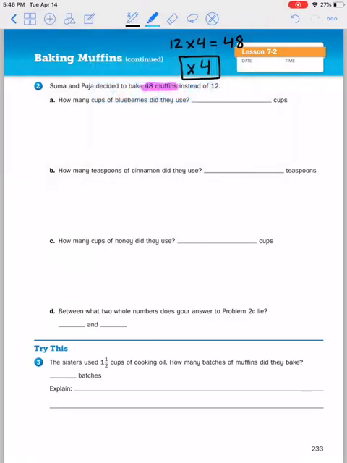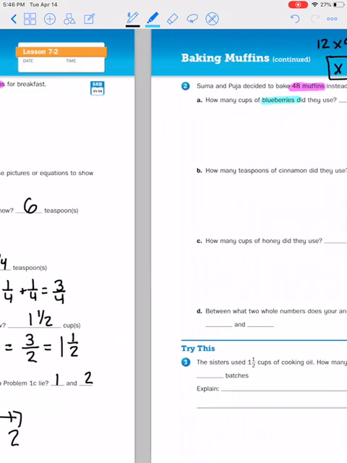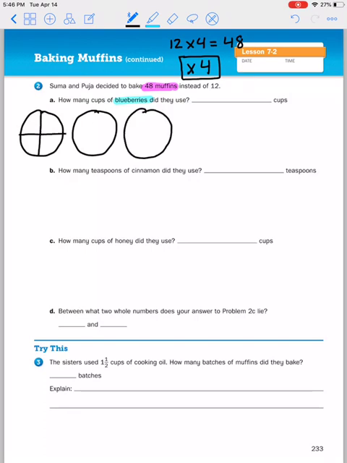Okay, so let's look. How many cups of blueberries did they use? So let's go back. 3/4 cup of blueberries. Now you could do this 2 different ways. You could do fraction circles and split them into fourths.